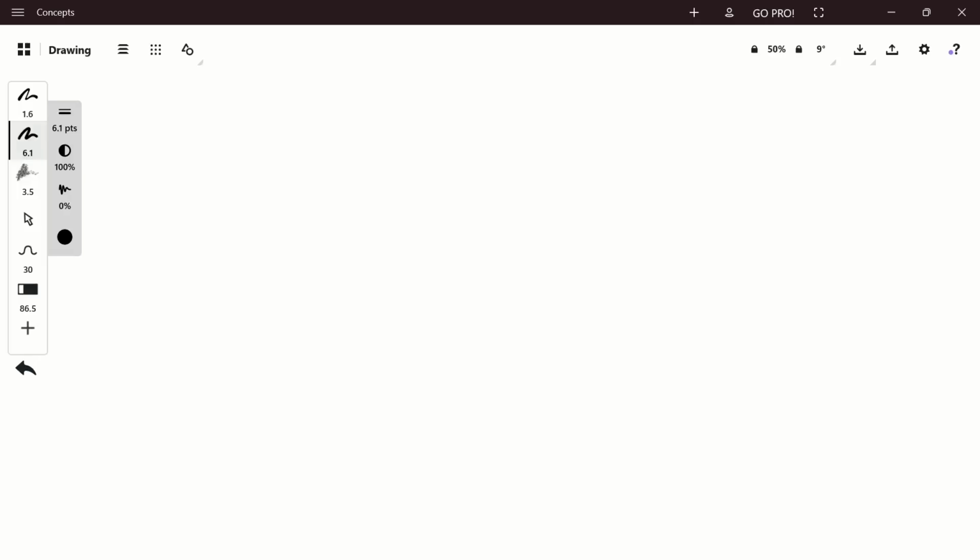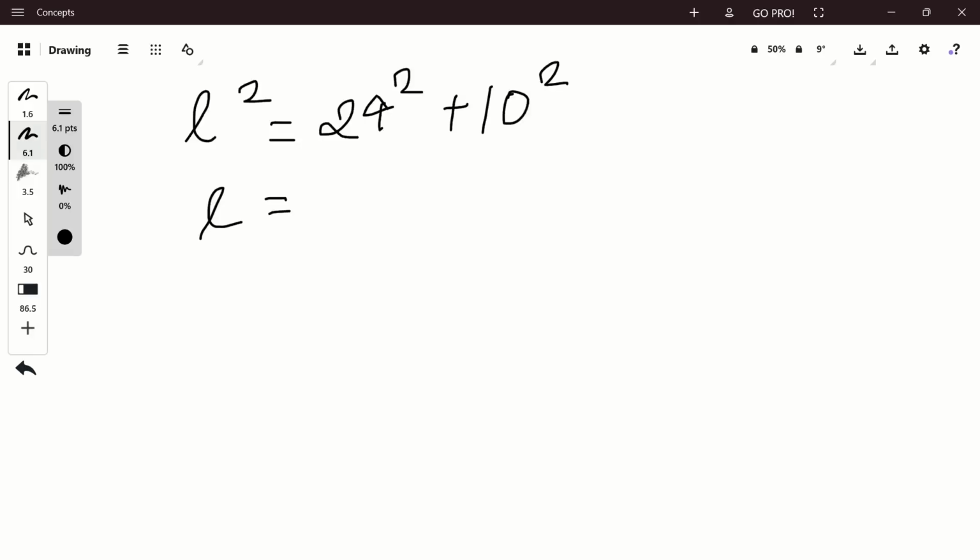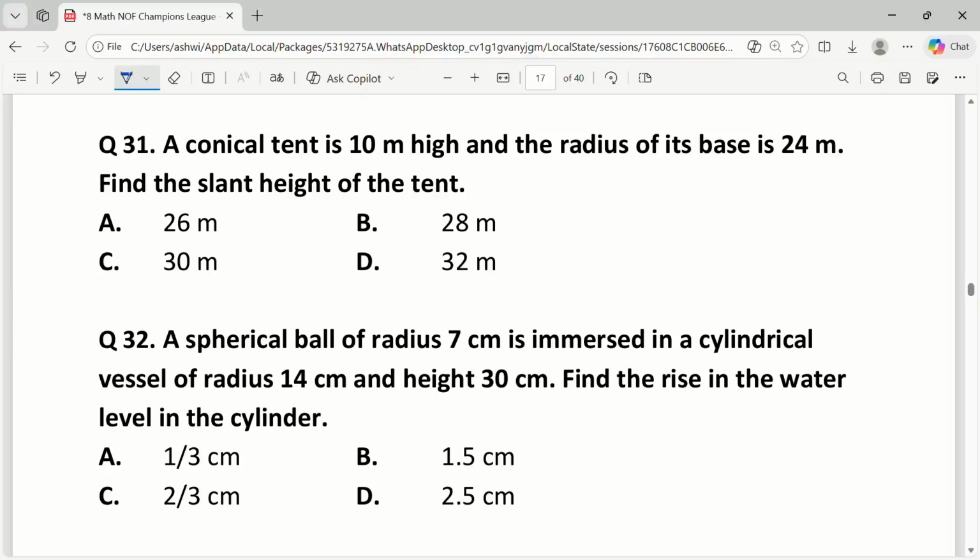Given height as 10 meters and radius as 24 meters, L square is equal to 24 square plus 10 square. L is equal to root 676, which is equal to 26. Comparing with the options, the answer is A, 26 meter.